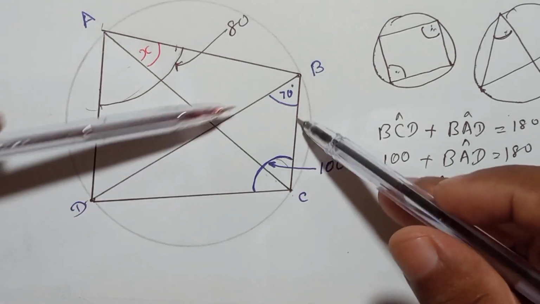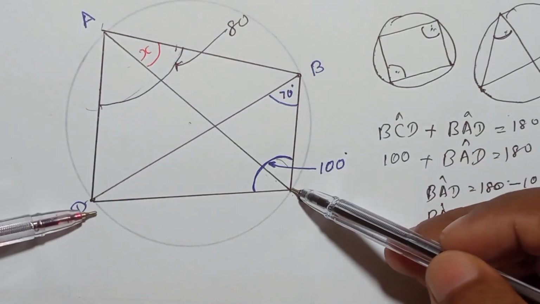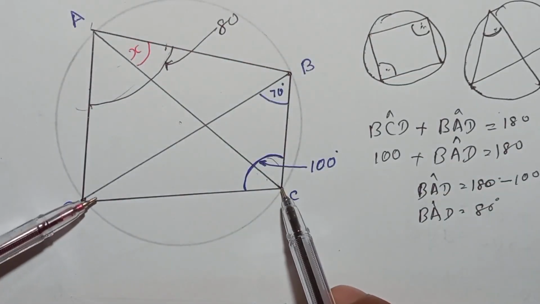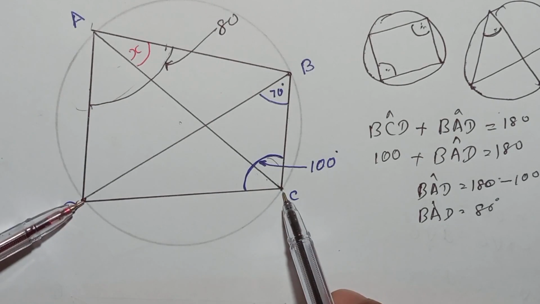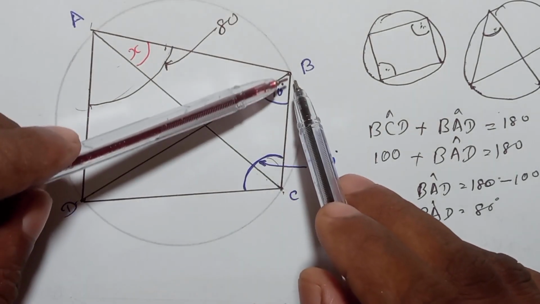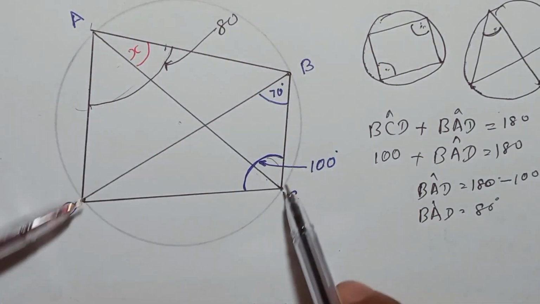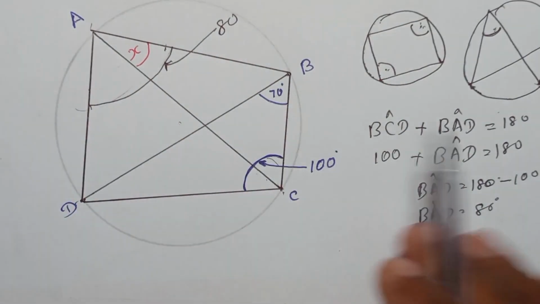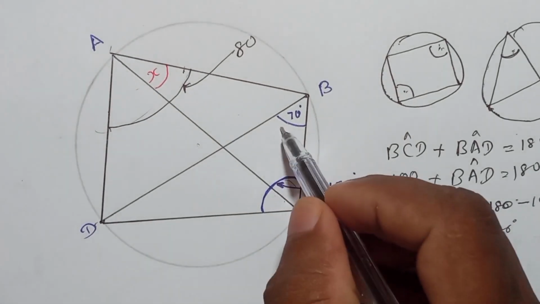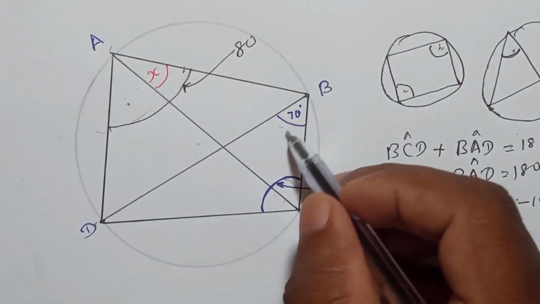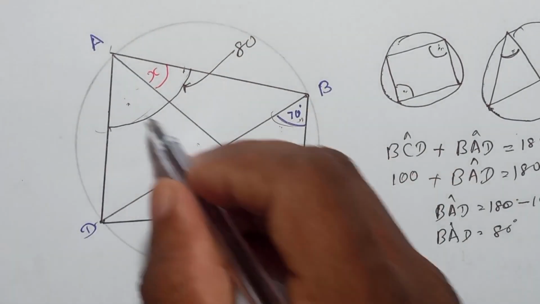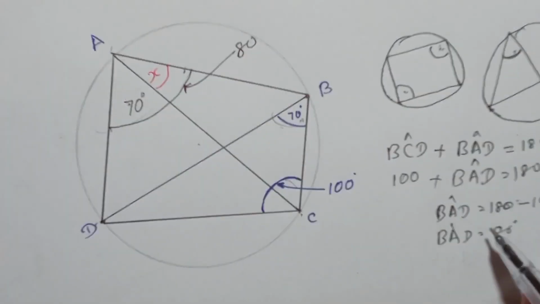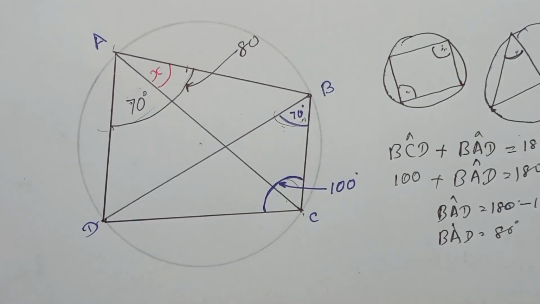From D and C go to the circumference, to B, and from the same D and C go again to A, again to the circumference. So these two are equal. That means this angle is 70, so this angle also must be 70. That's the idea. We call it the same segment angle.